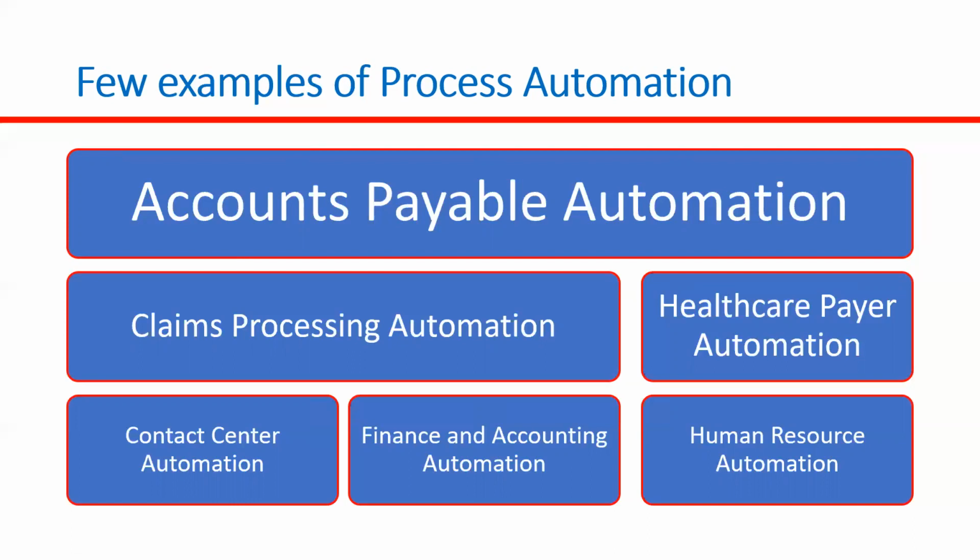Likewise, healthcare payer automation we can do, contact center automation, finance and accounting automation, human resource automation. For all these business processes, we can easily automate using the UiPath tool.